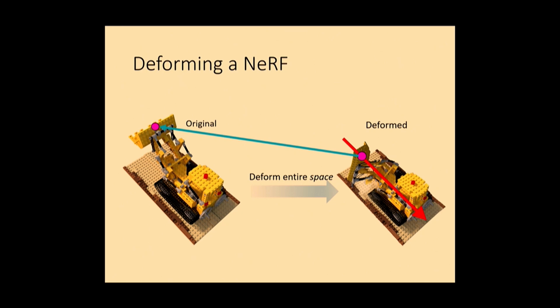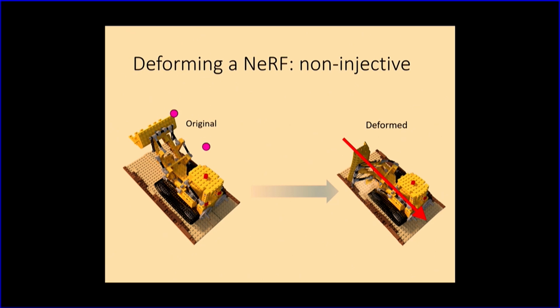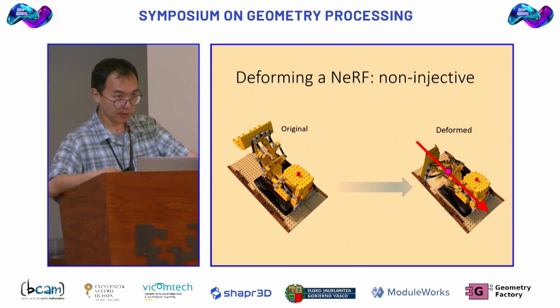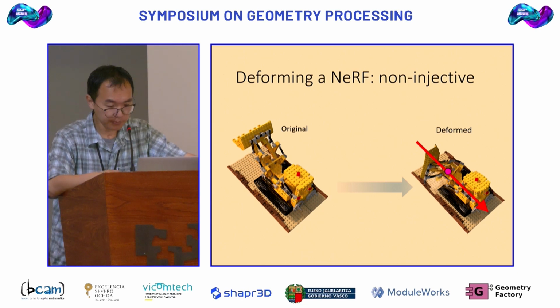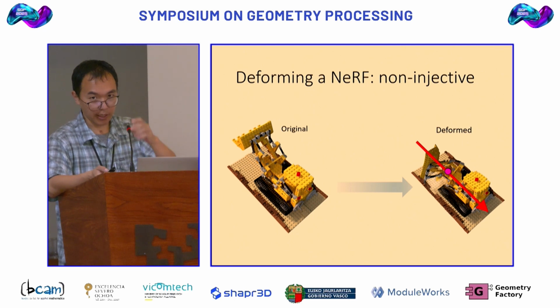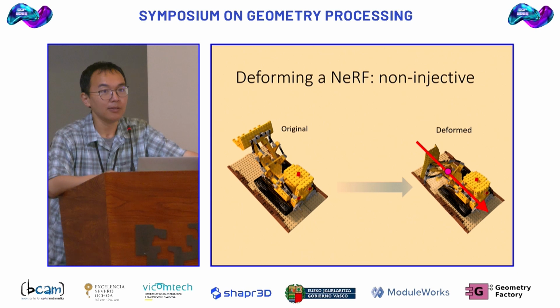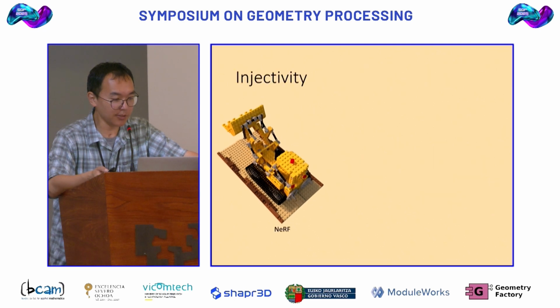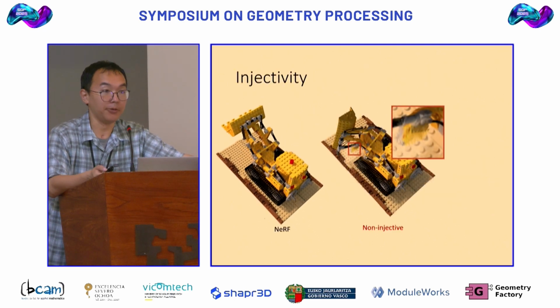If it's not one-to-one, what will happen? A point maps to 2 points in the canonical frame. Then if you aggregate the colors of the 2 points, you do some average, then what will happen is that you have this blurry result.